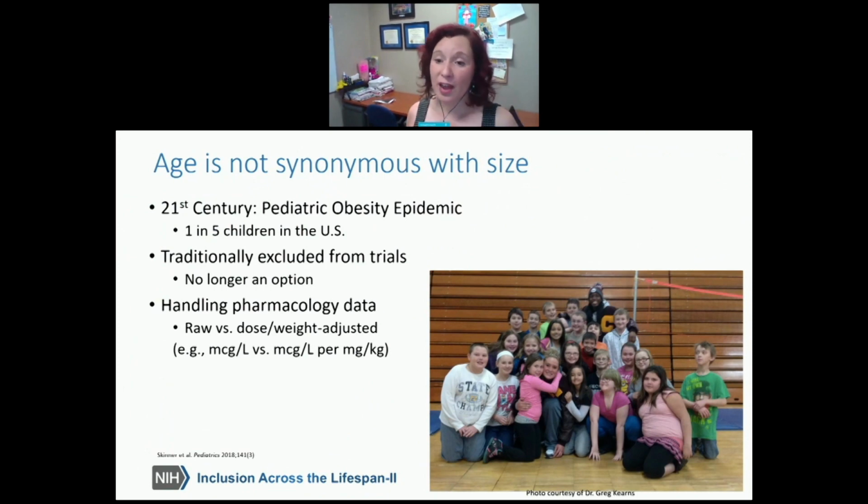You can imagine that giving 20 milligrams of a drug to this little guy here versus this young man here is going to result in very different drug concentrations simply due to size, nothing to do with age. One way to handle this and make comparisons valid across individuals of different sizes is to adjust the way that we present data and normalize it for the weight and the dose of the drug received.